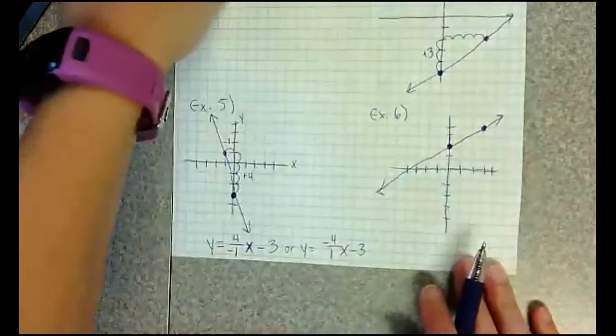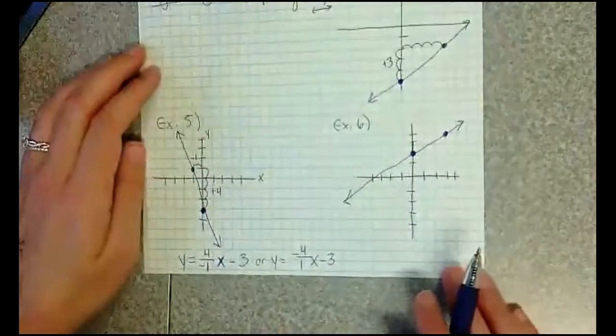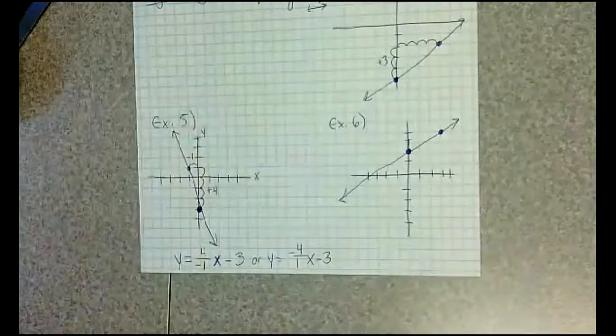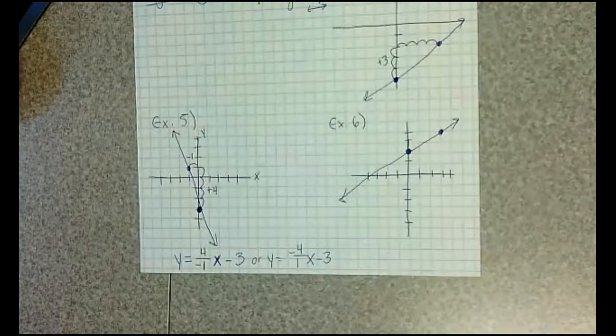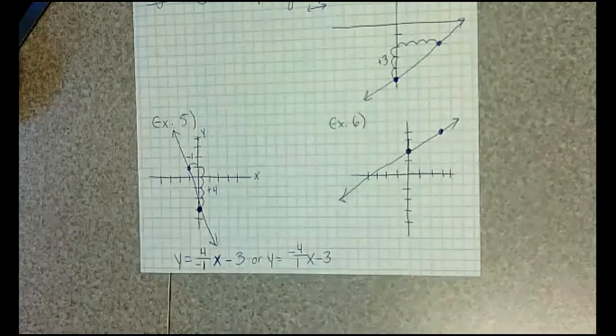There are kind of some boxes there, so I'm not going to put any marks necessarily, and we want to see what you guys come up with again. Okay, so what's the equation for this graph?